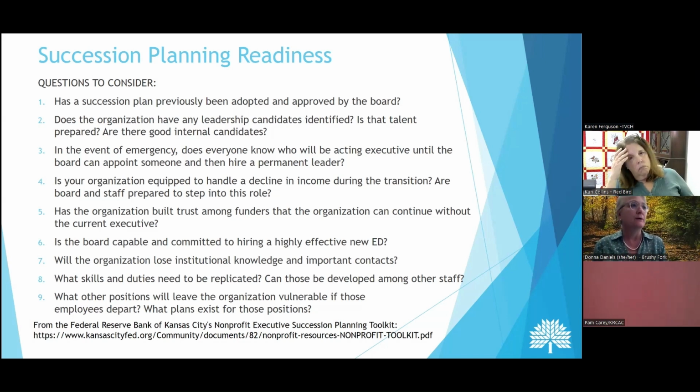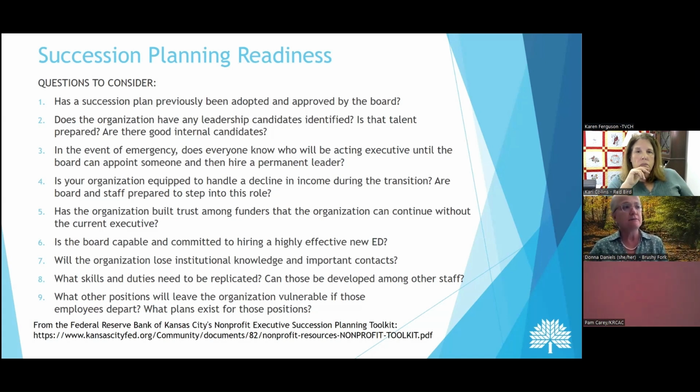It could be that there was a previous director or a board member that had been part of the organization for a long time that would agree to step into an interim role for the ED if that need ever arose. There could be an internal person that has been working closely with the executive leader over the years and could step into that role as an interim as well. So, thinking about those good internal candidates and that kind of thing.